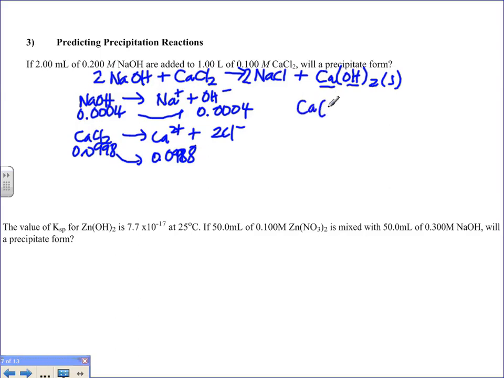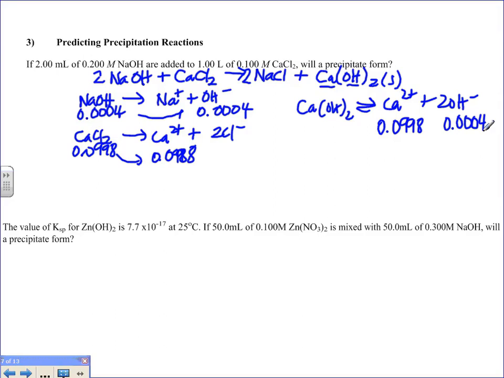The equilibrium reaction that we're studying is of calcium hydroxide dissolving in water. So what you have here is an initial scenario where we've got 0.0998 of calcium and 0.0004 of hydroxide. And essentially the question we're being asked is: is this system at equilibrium?